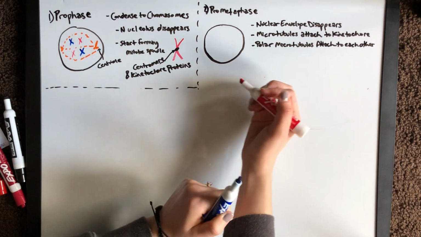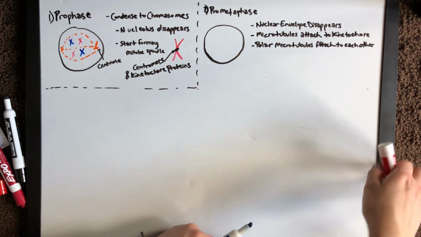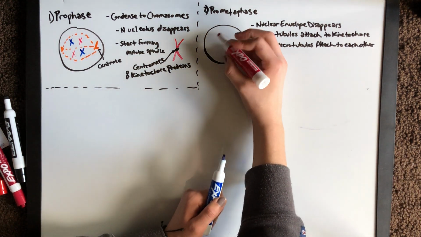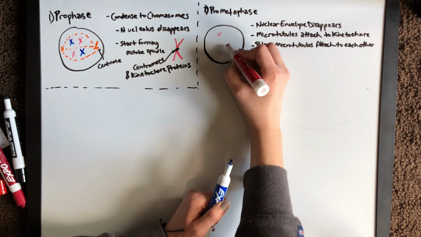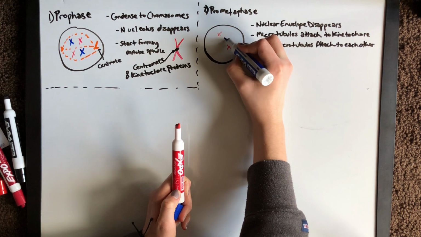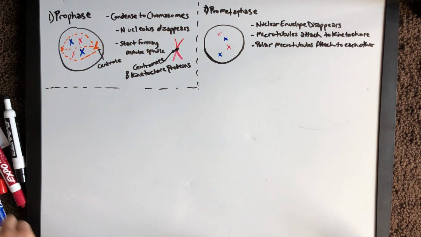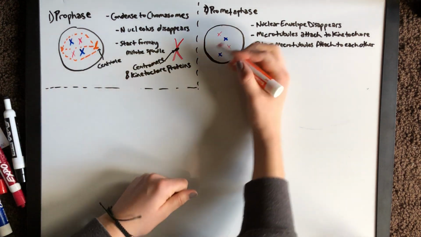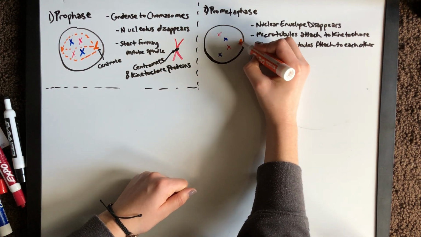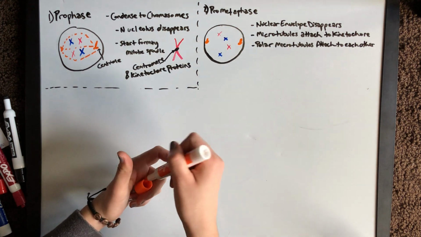So our chromosomes still aren't perfectly centered, but they're on their way. So we'll draw them off center still. And then we had our centrioles out here, little nubbin looking things.